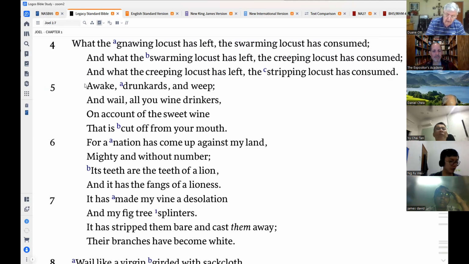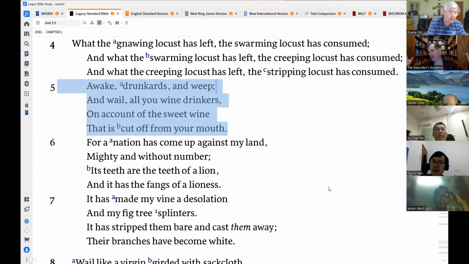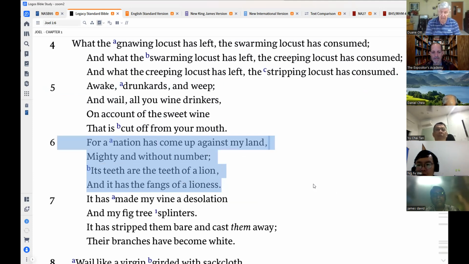And then verse 5 is sort of the result of that: the town drunks are awake now and they're weeping because they can't find any more booze, no more wine, because it's all gone, been consumed. And then he moves to another image in verse 6 of an army that's come upon them, like an army of lions that has just devoured.